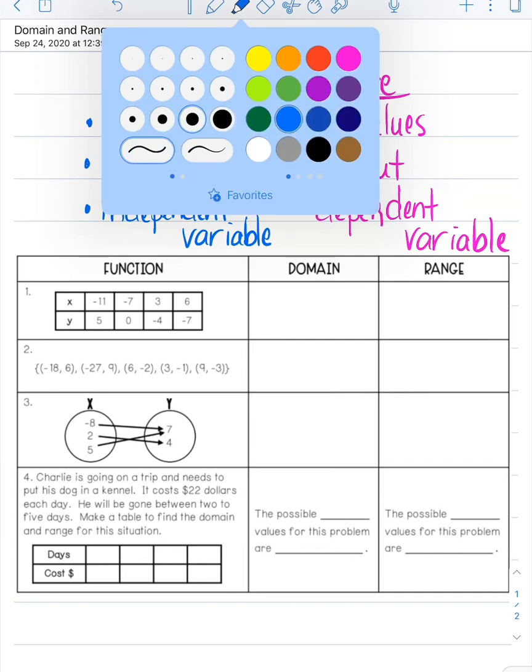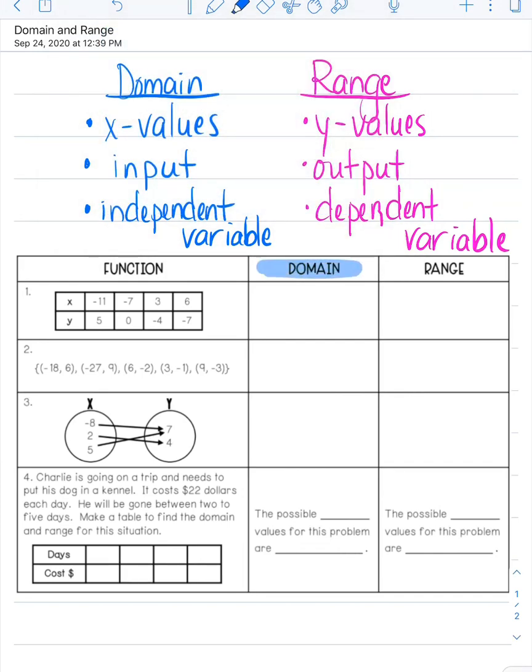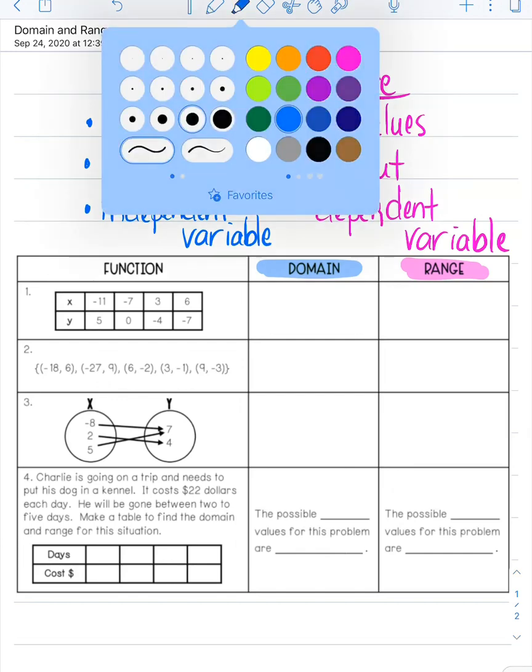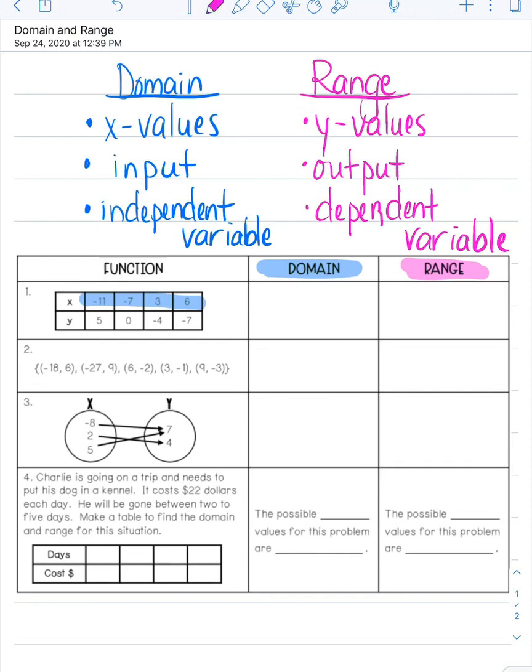So let's use a little color coding here. Our domain we're going to highlight in blue, and our range I'm going to highlight in pink. So looking at number one, this table, we said that the domain is all of the x values. So all of our x values, we want to list arranged from least to greatest.